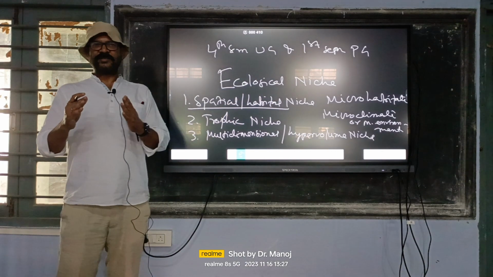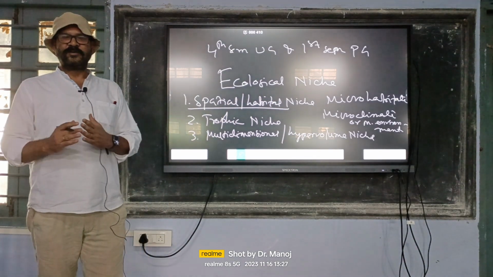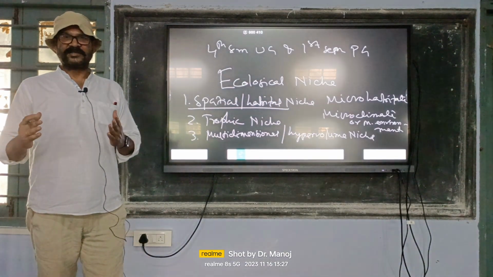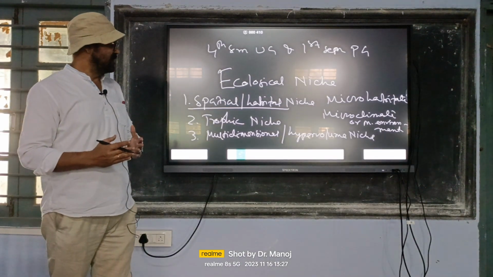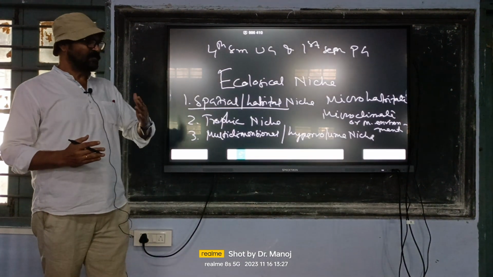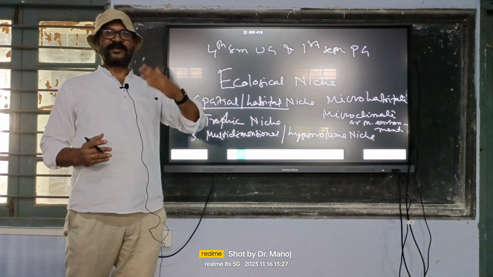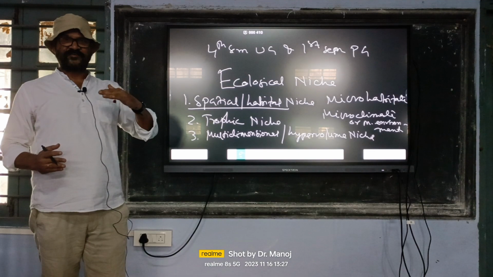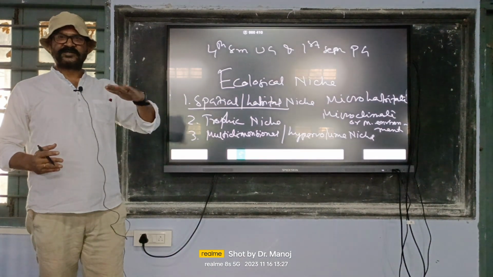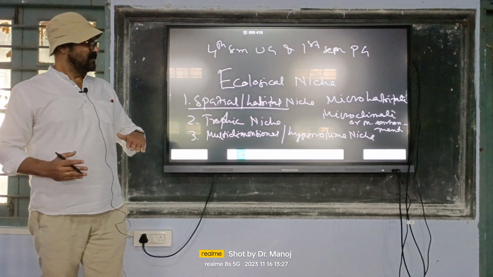For example, a pond is a habitat for different types of aquatic organisms, different types of fishes. If you look carefully, you will find they actually live in small regions of the general habitat of that pond. Some are surface dwellers; some fishes live on the surface area of the water.